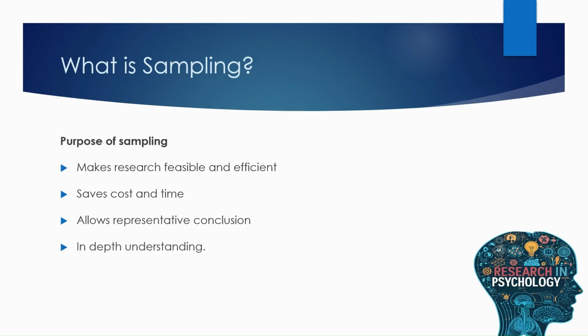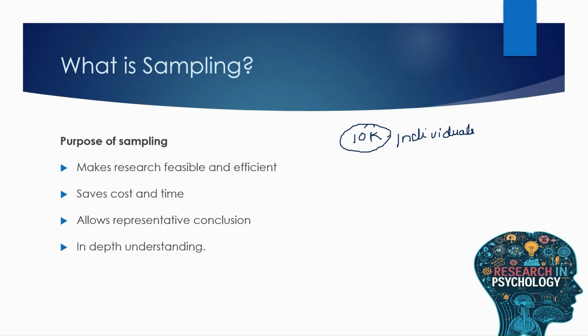The purpose of sampling: it makes research feasible and efficient. This means you are saving your efforts here, because suppose you have a population of 10,000 individuals, it would not be possible for you to conduct your interview or maybe experiment on all these 10,000 people. This will make it very tedious and it will not be feasible for you.